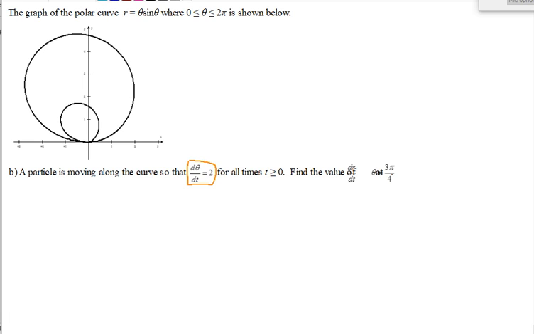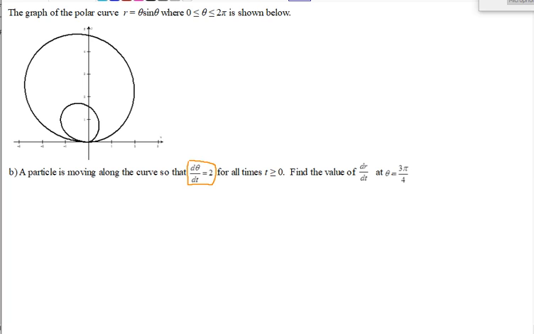And it asks you to find the value of, oops, let me fix this here, dr dt, specifically at theta equals 3 pi over 4. So that's what we're looking for, dr dt specifically at that angle.